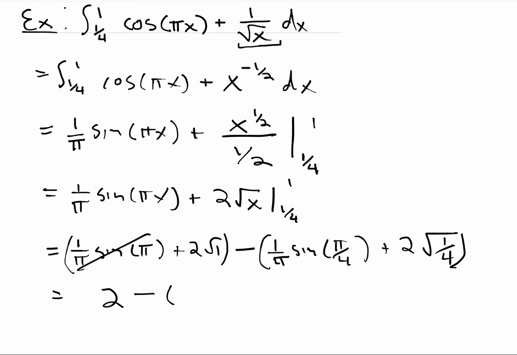The rest of what I am subtracting off, again, requires needing unit circle values. Sine of pi over 4 is root 2 over 2. Root 1 over 4, the thing I square to get a fourth is a half. So this is 2 times a half here, or just 1.